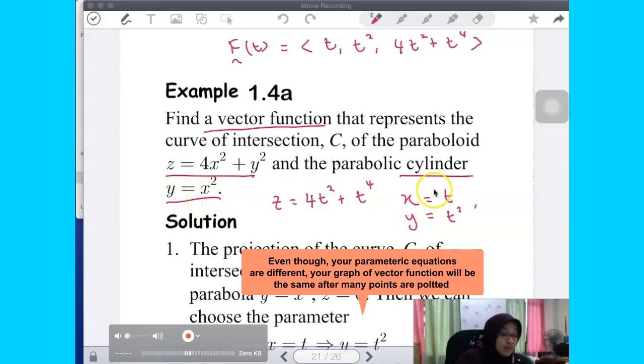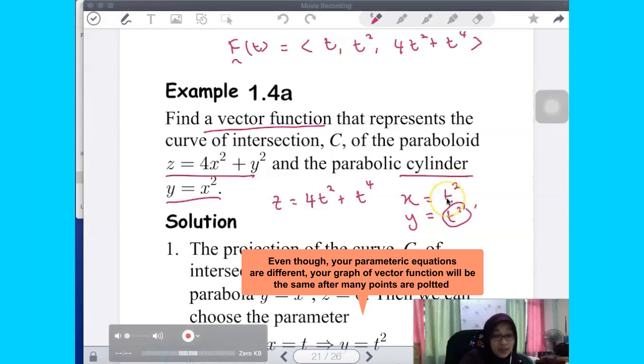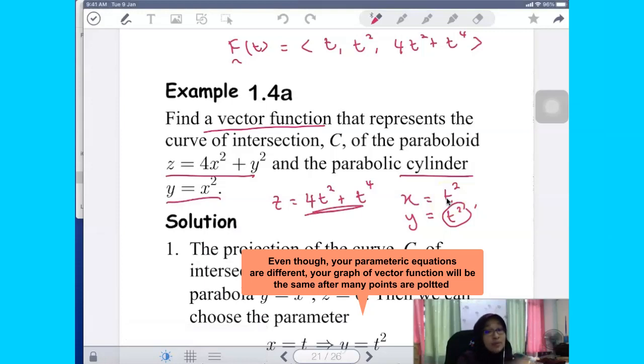Let's say some of you want to choose t squared. So your y here will change to a different expression, which depends on the t that you choose, and then your z is also different. But when you plug in the t and evaluate the values of x, y, and z, the sketch is still the same.